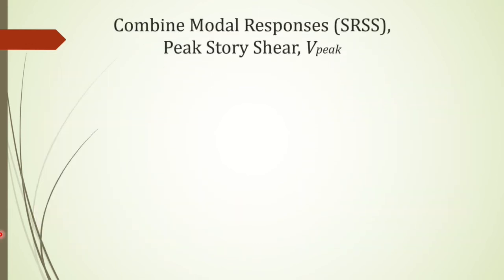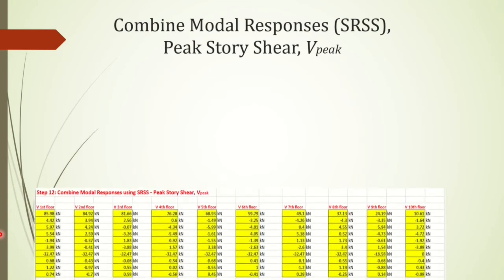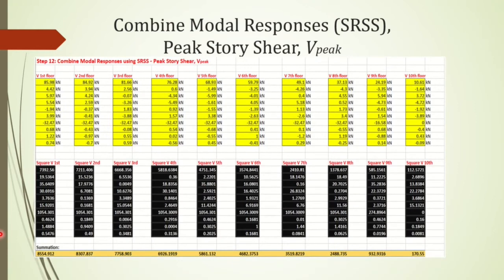Okay, guys. Next is the combined modal responses using square root of the sum of the squares, also known as SRSS method, by the peak story shear or the V peak. So, para po natin masimulan or makuha ang value ng peak story shear, we collected all the shear forces in each floor.